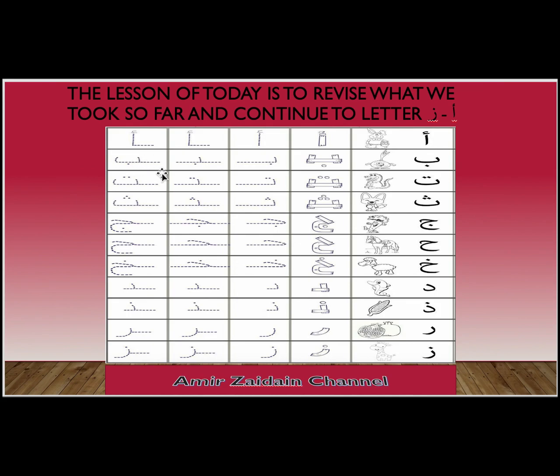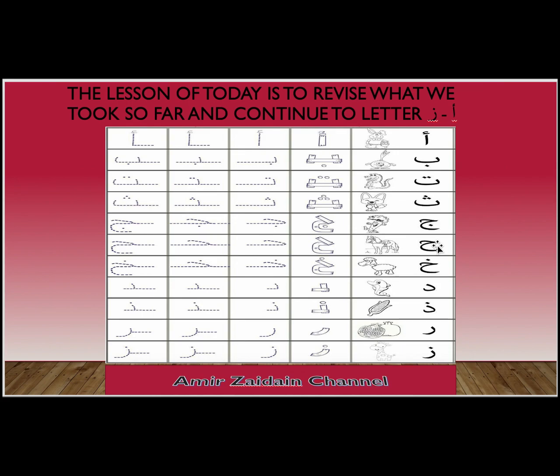Then we have T, تمساح, crocodile, and as you see, B, T, Th, they are written in the same way, same as Jim, Ha, Kha. Jim, it's easy. Ha, it's quite difficult for you.